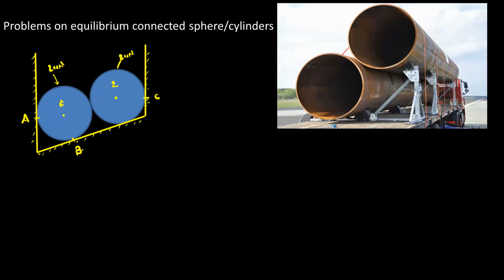So this angle of this inclined surface, it is 10 degree. And we have to find out the support reactions at point A, B and at point C. So diameter for each cylinder, it is given as 100 mm.